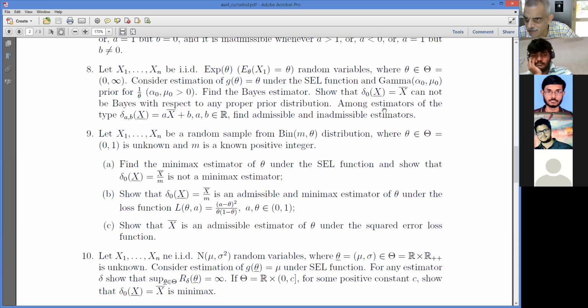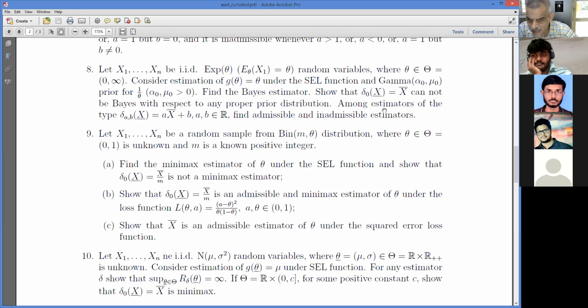The idea is very simple, because when you talk about admissibility, you're talking about the classical risk, not the Bayes risk or the supremum risk. You're only talking about the expected value of L(theta, delta) or of L star(theta, delta). When I'm considering the loss function L(theta, a), my risk is R(delta, theta), the expected value of L(theta, delta).